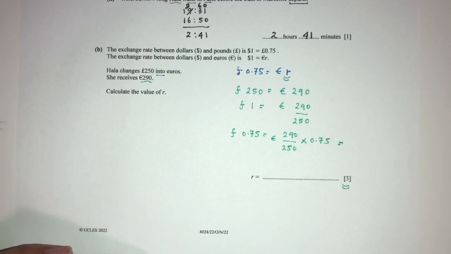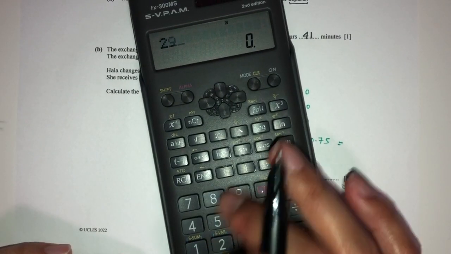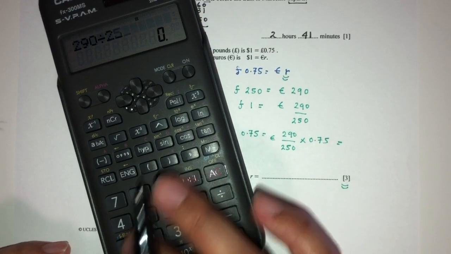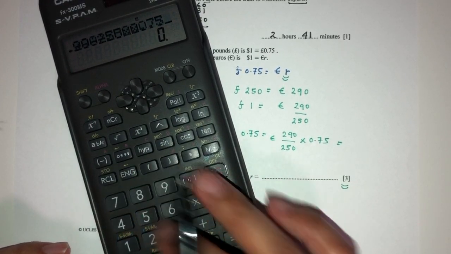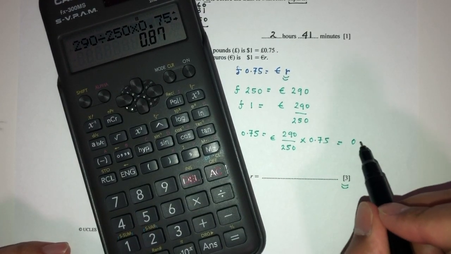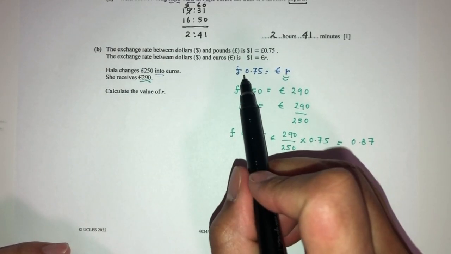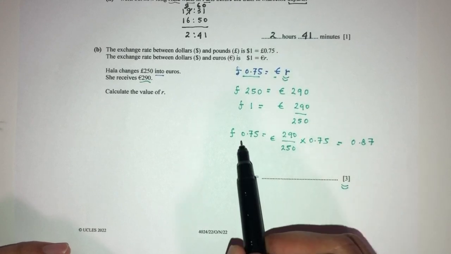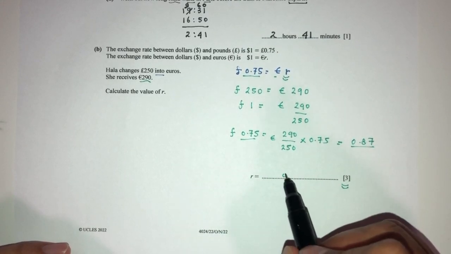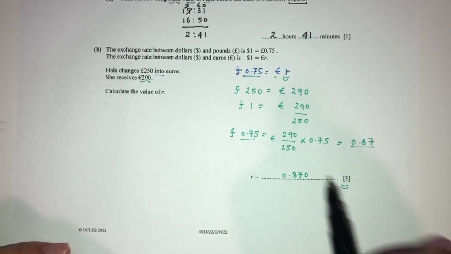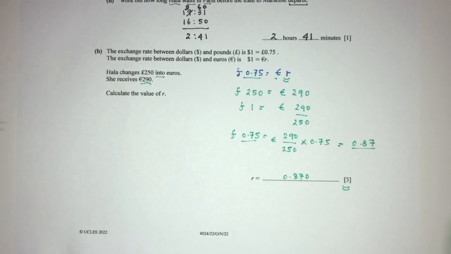So 290 divided by 250 times 0.75 will be 0.87. And by comparison, obviously, this is equal to R. This is equal to 0.870, corrected to 3 SF. That will be your value of R for part B.